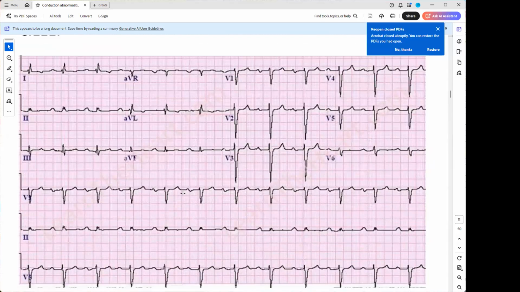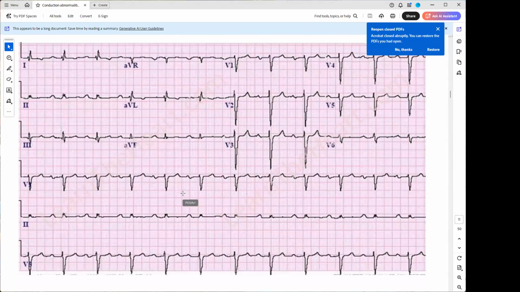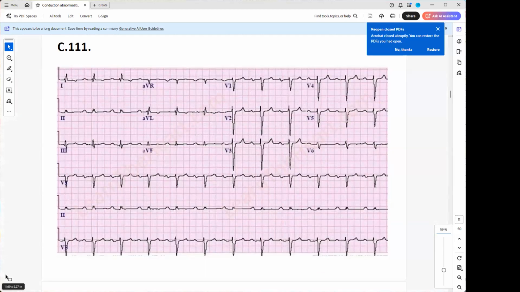Okay, so first I looked at the heart rate and it's 75 beats per minute because we have four boxes. And then I looked at the rhythm and I would say it's a normal sinus rhythm because a P is present before each QRS, and the QRS is upright in the second lead and negative in the AVR lead.